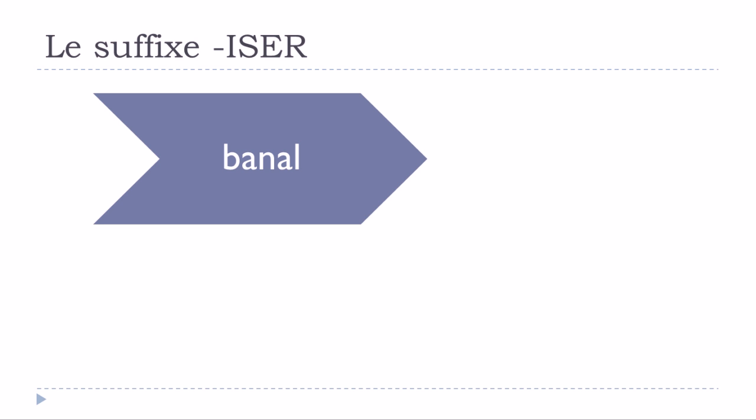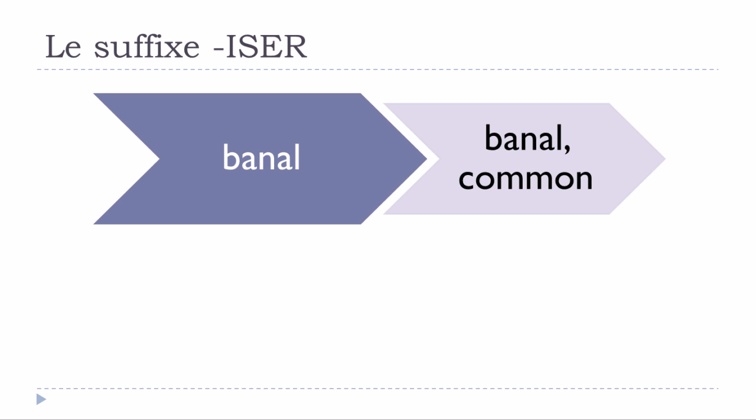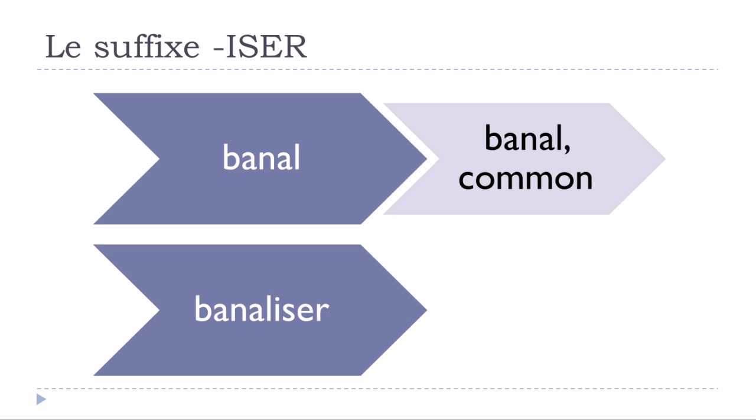The first one is banal. Okay, so here is the meaning in English. If we want to make a verb out of this adjective, then we only need to put this ISER at the end, and you will get banaliser.